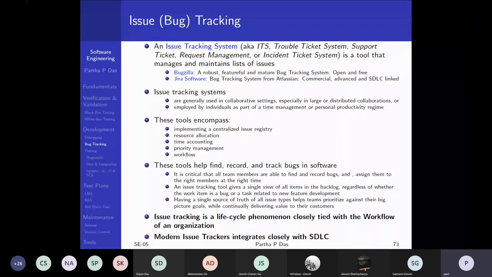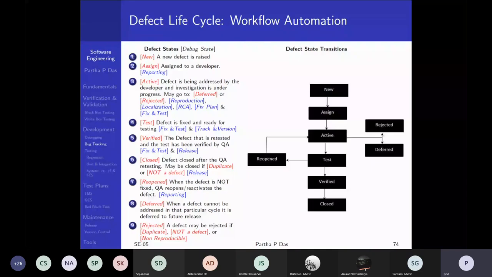What I'm trying to hint at is that issue tracking is a life cycle phenomenon, which is closely tied with the workflow of the organization, right? Now, this is looking at that workflow from the perspective of the earlier life cycle, which was for debugging.